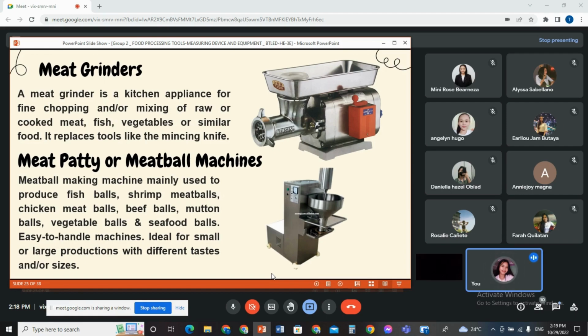This machine is a unique machine that can be connected and used with any patty former type, producing accurately portioned meatballs per hour, depending on the burger machine that is used with, able to satisfy the production requirements needed. And this kind of machine is often used in Jollibee, McDonald's, and in Angel's Burger, where in Angel's Burger, unang kagat, tinapay lahat.